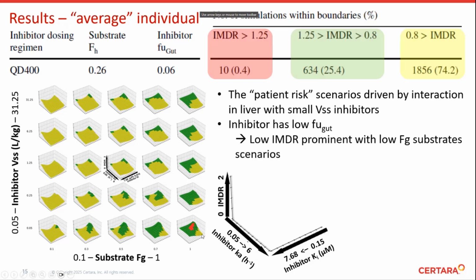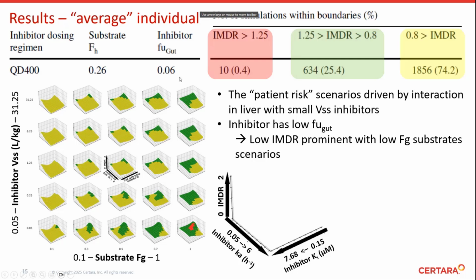scenarios where the inhibitor volume of distribution is small, and with that the peak to trough ratio of the inhibitor will be fairly high. And so there it is possible that the dynamic simulation predicts higher interaction risk than the mechanistic static model.